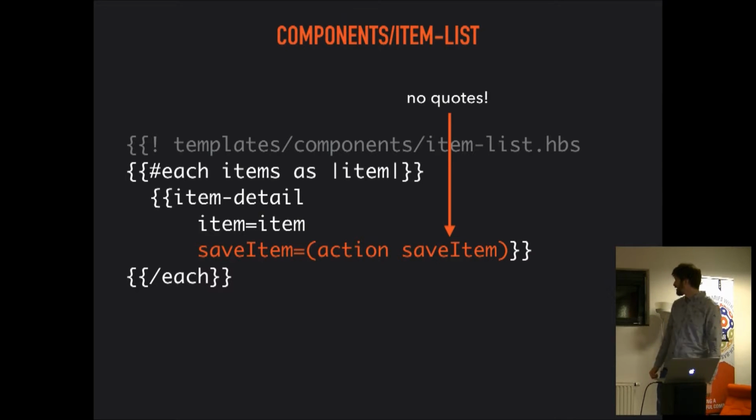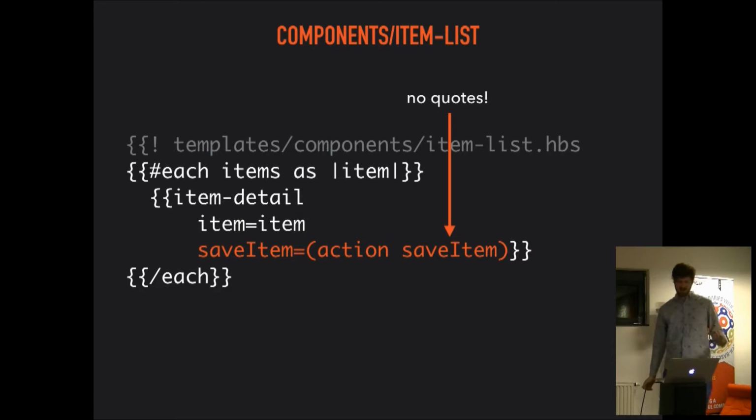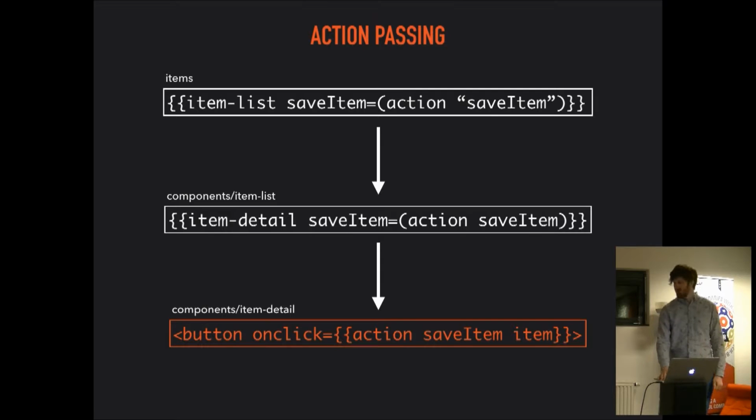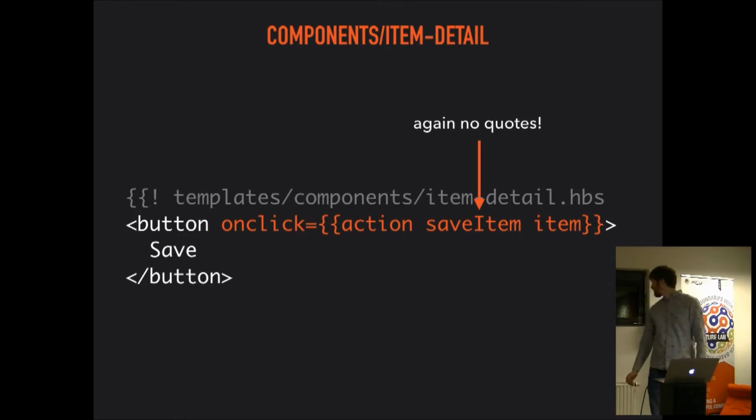The save item has no quotes because we now have the action passed in, so you don't use the quotes because it's not on your actions hash. And then we have the item detail, which has a button, and when you click on it, it will call the save item action with the item. And again, because it's passed in, don't use quotes around your action name.